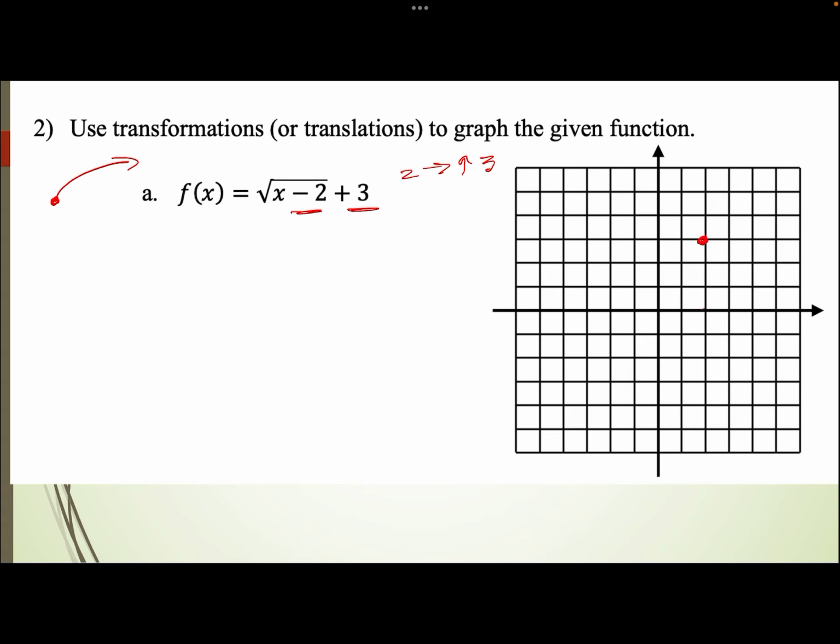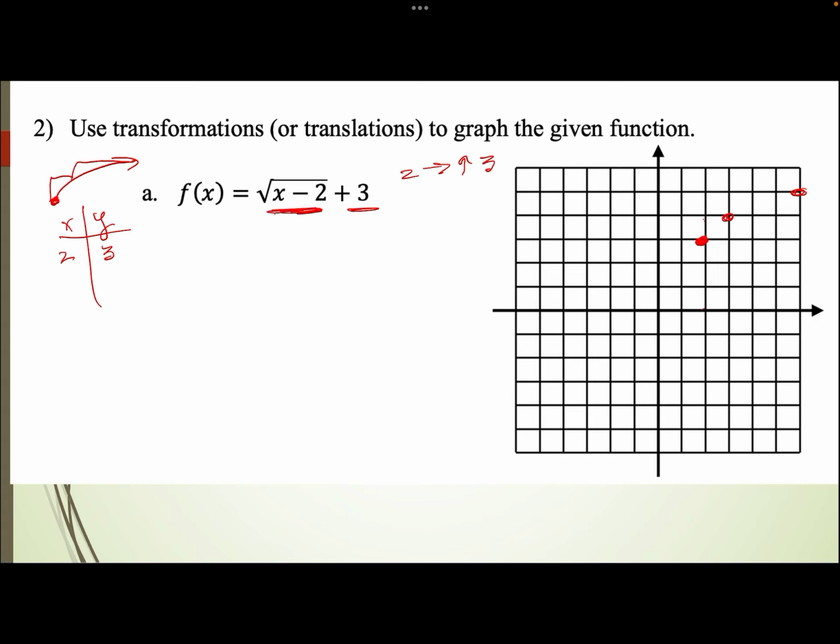And then if you remember the pattern for square root, it's 1, 1, and 4, 2. You can just do that. But if you don't remember the pattern, just do this. I can put a 2 in there and get root 0, and I get 3, and that's the point I started with.